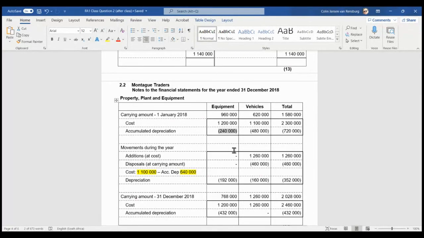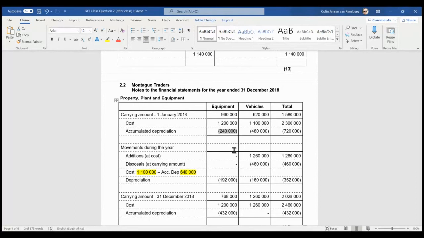Because we are dealing with an asset or a combination of assets called property, plant, and equipment, the cost should always exceed the accumulated depreciation. The accumulated depreciation can never be more than the cost. So therefore, simply because of that reason, but also because we are dealing with an asset, we are going to show the debits as positives and the credits as negatives.